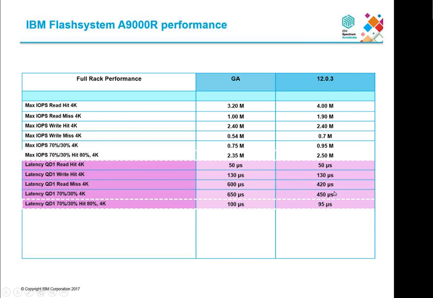Now, the latencies down here, again, we see that they either just stayed the same or went down. Do not associate these latencies with these numbers, because that's not what's happening. This is a single I/O latency, so this is a best case latency, and this is the highest IOP number. So please don't make the mistake of saying, oh, I'm going to be able to do 4 million IOPS with a 50 microsecond response time.